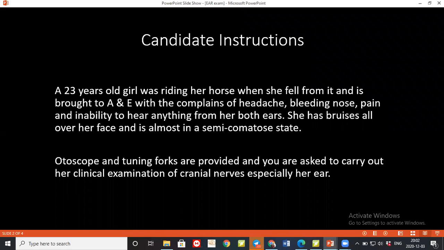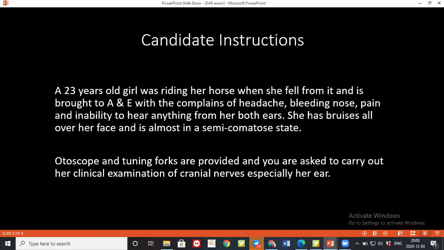After the whisper test, I'll go for the Rinne test. I'll instruct the patient that I have a tuning fork in my hand. I'll strike it in this way, and it will cause some sound. Then I'll put the base of the tuning fork behind her ear, and whenever she can't hear anything behind her ear, I'll bring it in front of her ear.